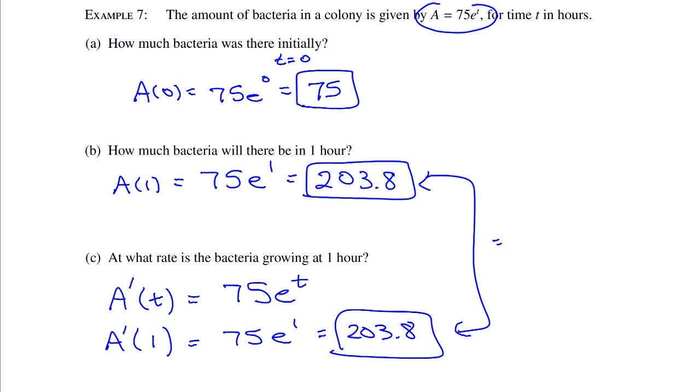So at some point on the e to the x curve, where the value is equal to 3, the derivative, the rate of change, the slope of the tangent line, is also equal to 3 at that point. That's the property of e to the x, that at whatever point you're at, the value is the same as the derivative at that point.